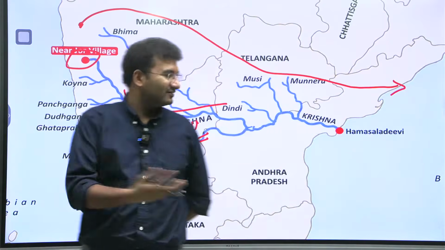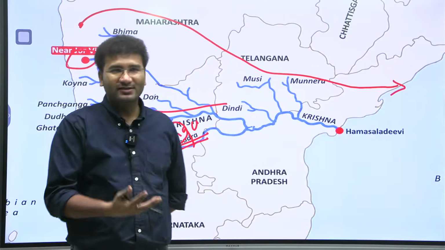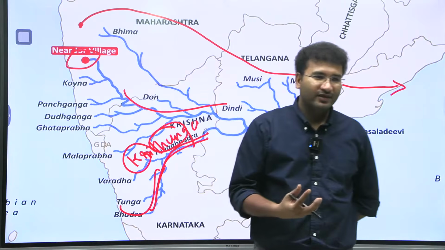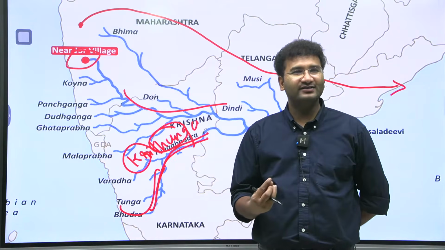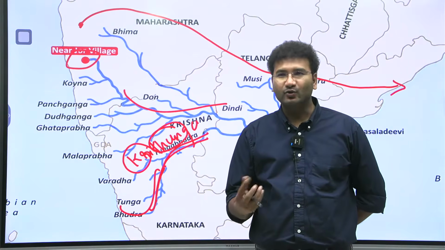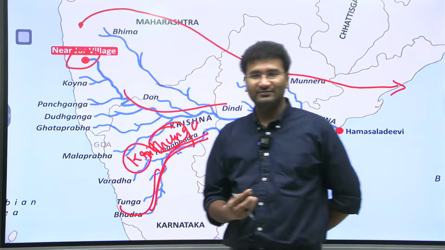The major kingdom that ruled here is Krishna Devaraya, Vijayanagara Empire, right? Hampi, that was their capital city. Which dynasty they belong to? Sangam, Saluva, Tuluva, Aravidu. Which one? Tuluva. Okay.